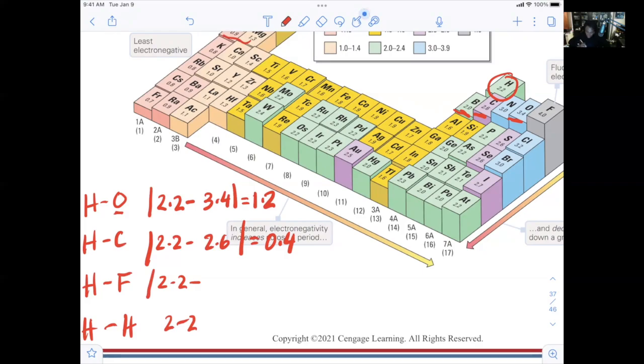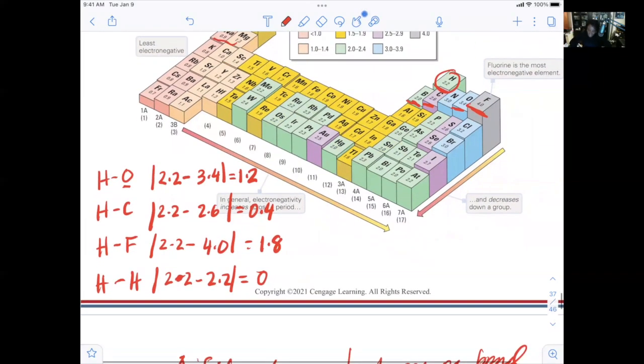Then I have 2.2 minus fluorine, which is 4.0. 2.2 minus 4.0, and I get 1.8. And then over here, I have hydrogen minus hydrogen itself, 2.2 minus 2.2. I get 0, right?